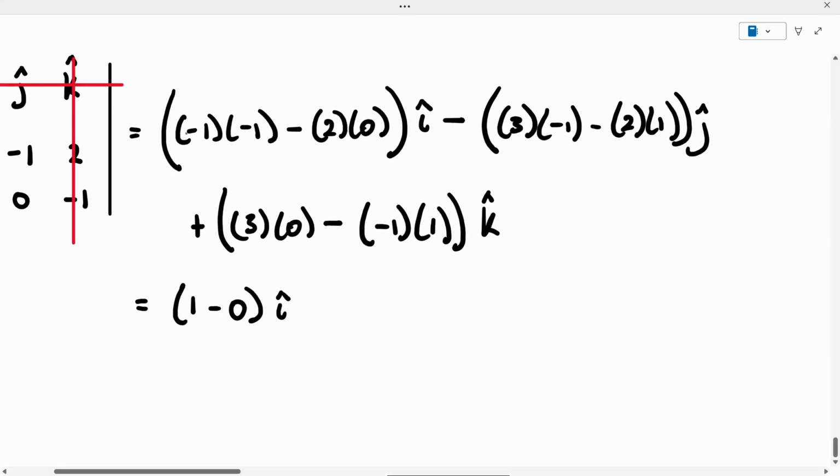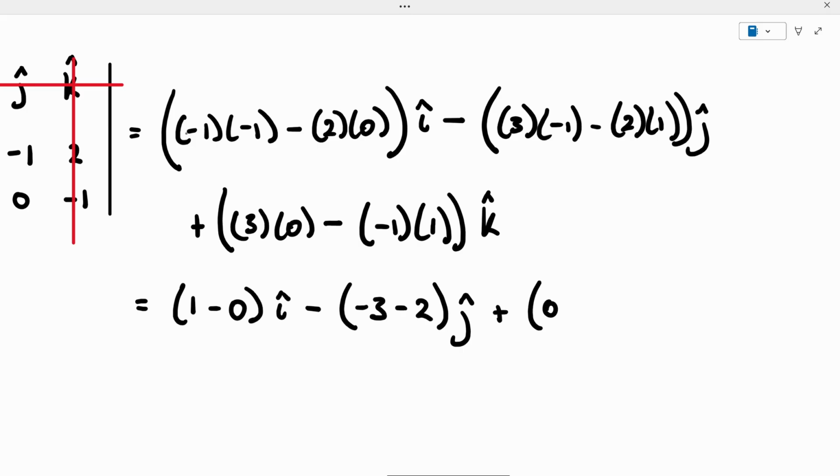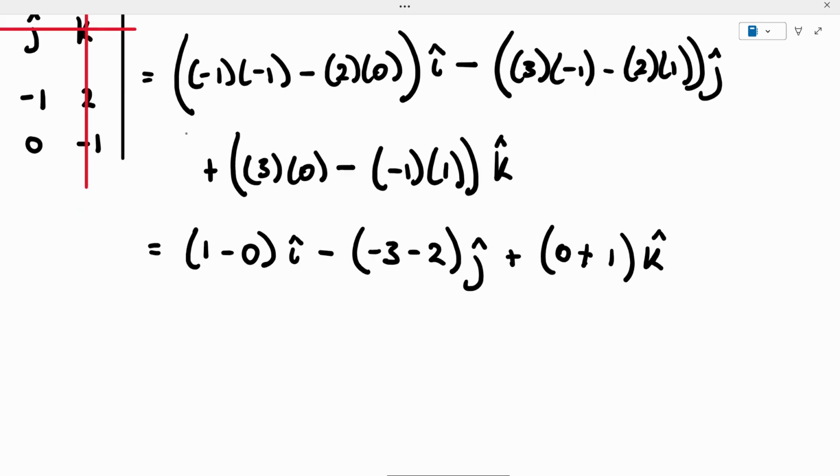So i, minus, 3 times minus 1 is minus 3, minus 2 times 1 is minus 2, j, plus 3 times 0 is 0, minus 1 times 1 is minus 1, so plus 1, right?